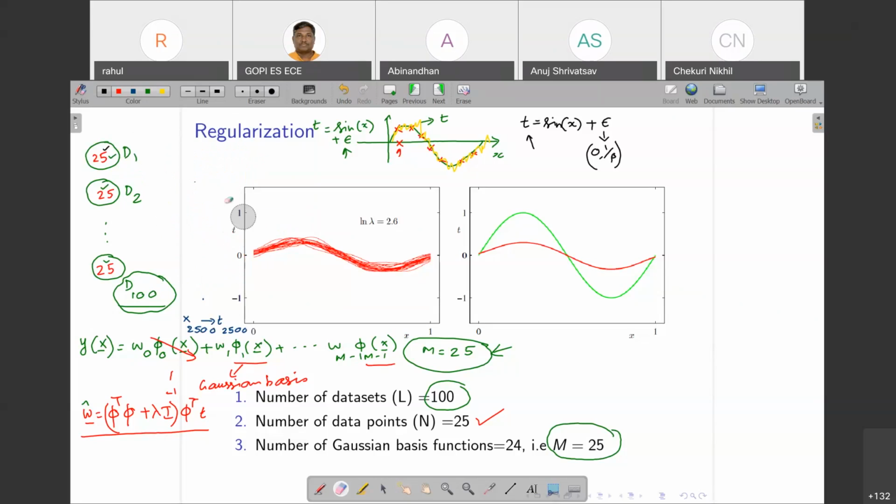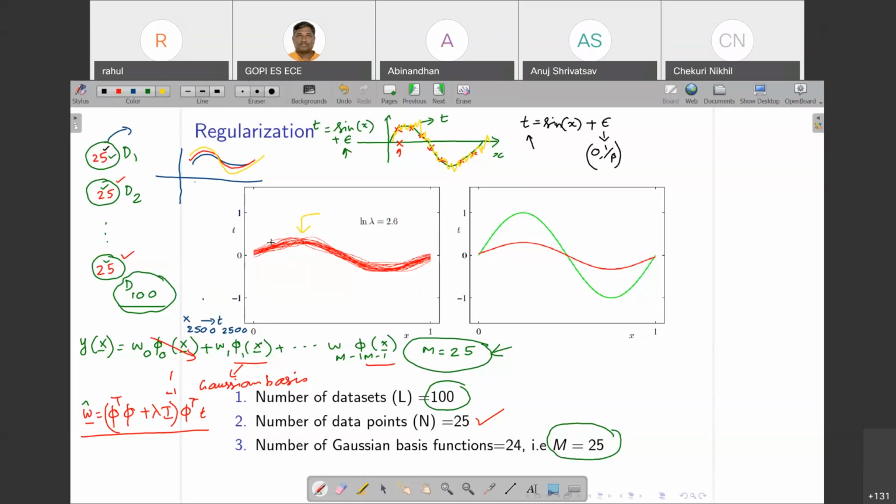So if I use this data set, you get the regression problem fitted like this. If I use this data set, I get a different fit. If I use this data set, I get an entirely different fit. You understood that? So we have many fittings available.